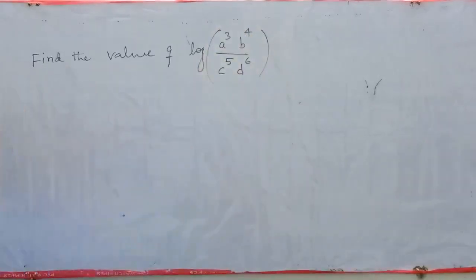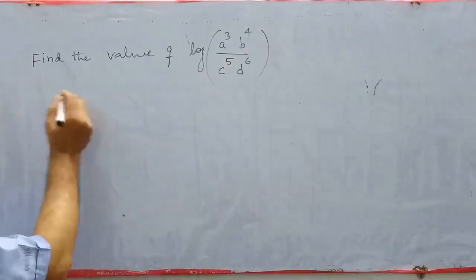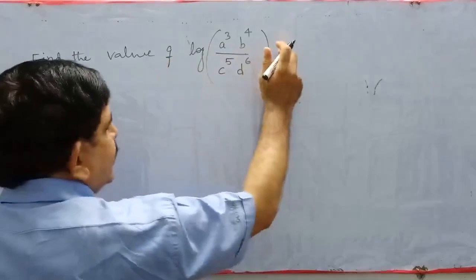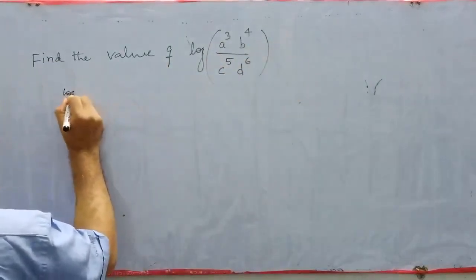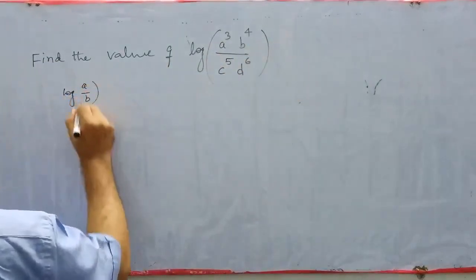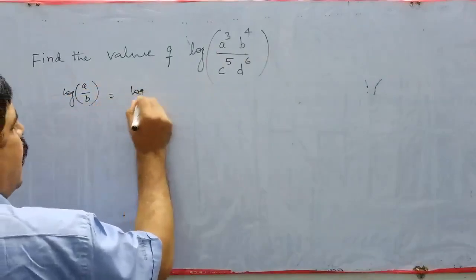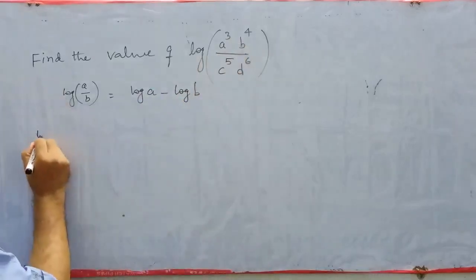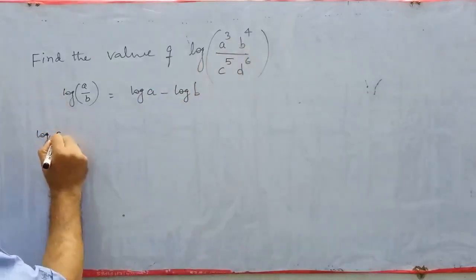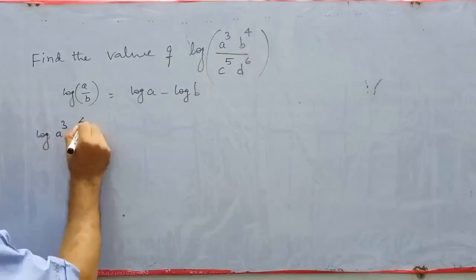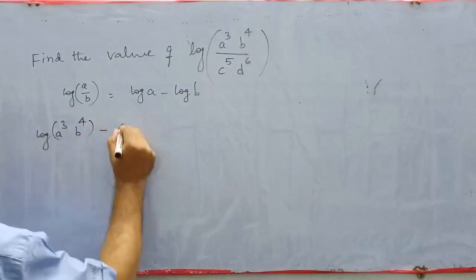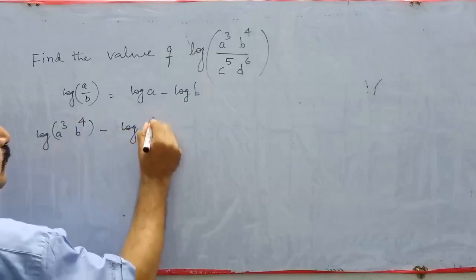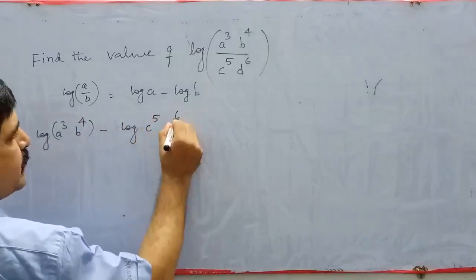Now this is in the form of log a by b, so log a minus log b. Now this can be written as log a cube b to the power of 4 minus log c to the power of 5 d to the power of 6.